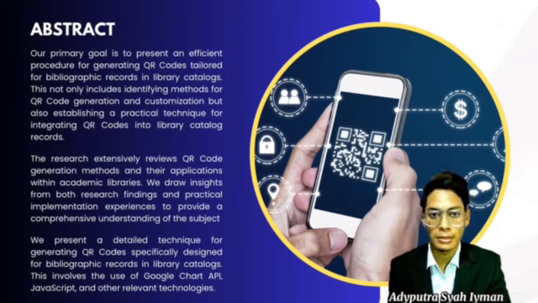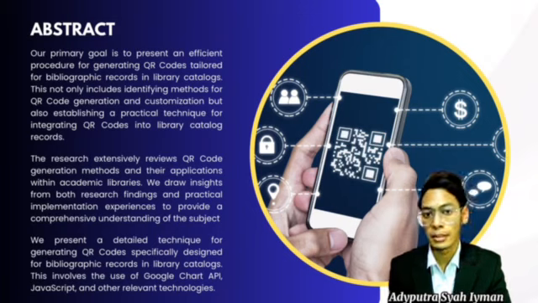This research extensively reviews QR code generation methods and their applications within academic libraries. We draw insight from both research findings and practical implementation experiences to provide a comprehensive understanding of the subject.